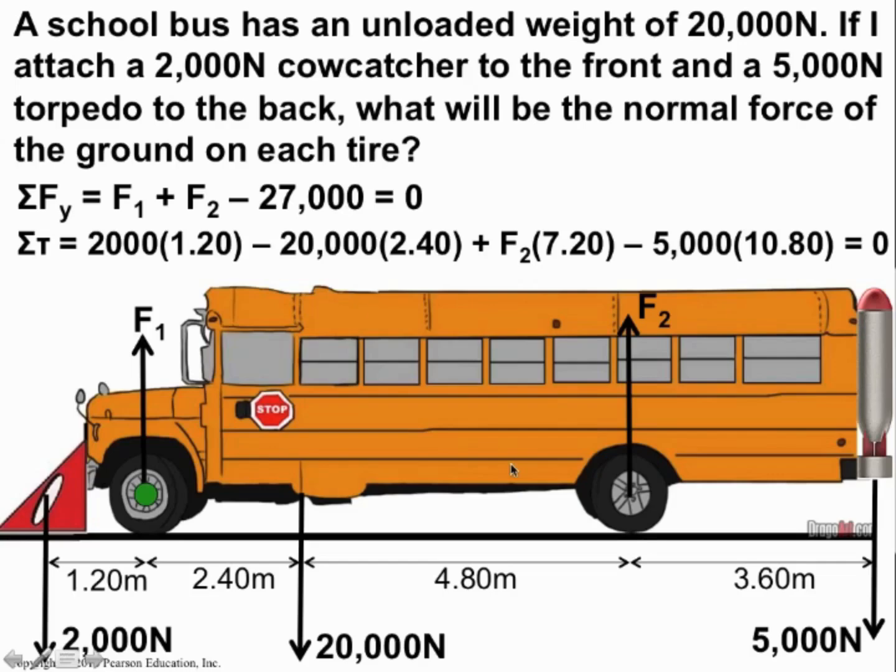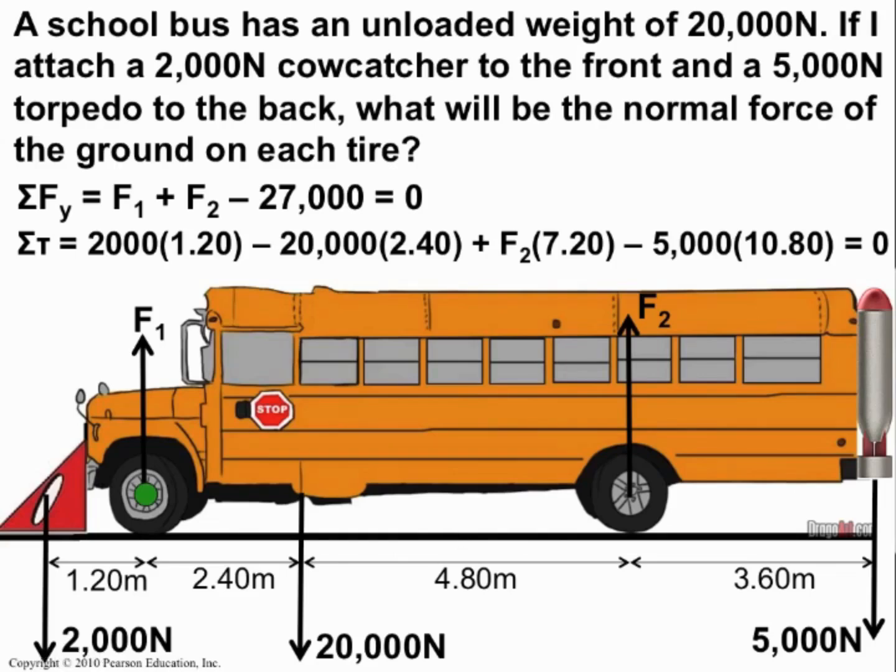Alright, moving on now to the next torque. We have this upward force of F2, which is the normal force on the back tire, at a distance of 2.4 plus 4.8, which is 7.20 meters from the axis of rotation.